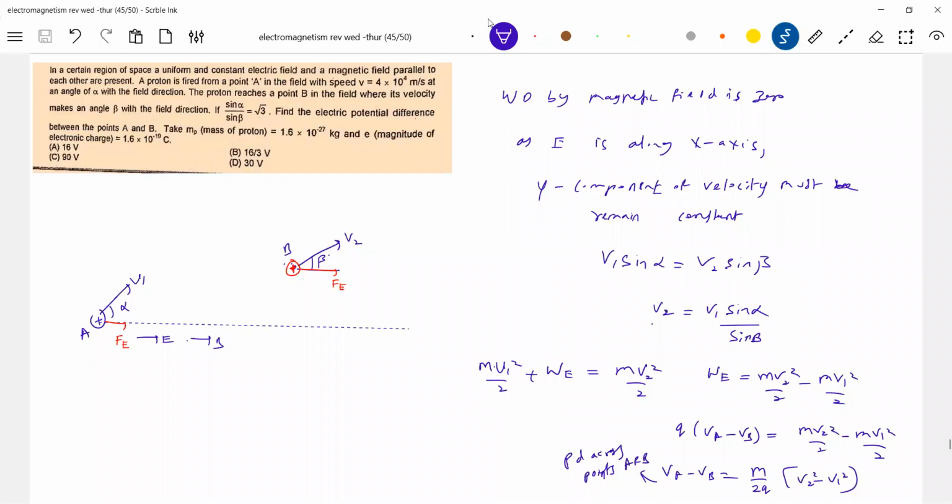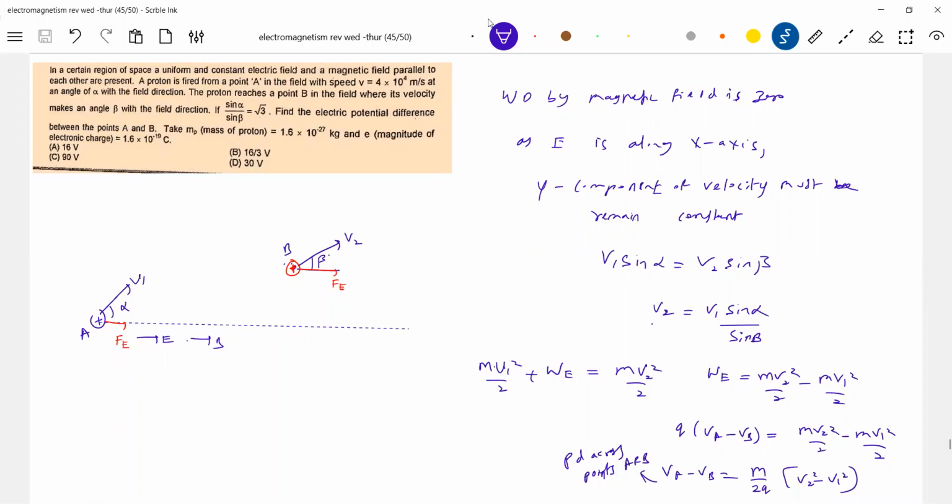So the y and z components of velocity will oscillate. When it is going in a circle, the y component will decrease, the z will increase, and then it will oscillate like that. So we can say the y component of velocity will be equal only if A and B are in the same plane.